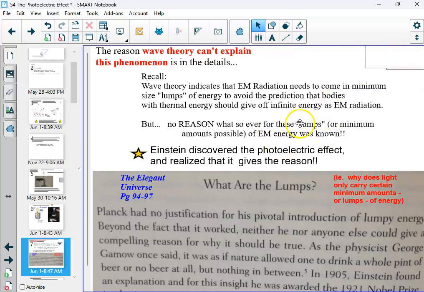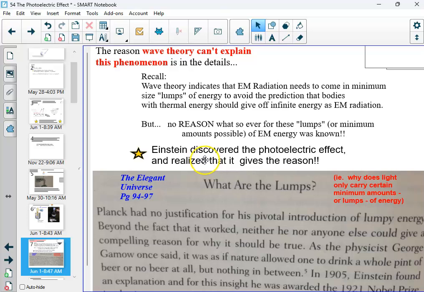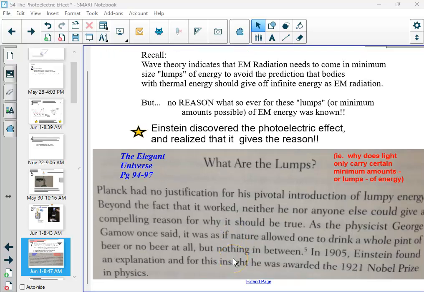It was used because it was such a good model and predicted things, but there was no fundamental reason for it, which bothered a lot of people, of course. It bothered Einstein. Einstein was the type to question these things. He wasn't just going to go along with things and not look into it further. That was the big part of his genius.